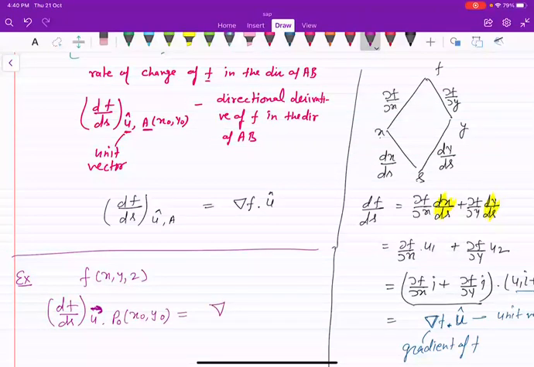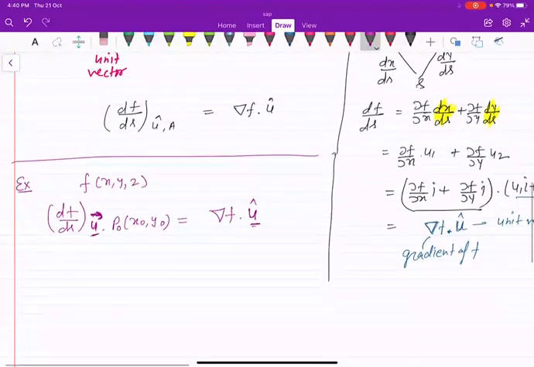Whenever we are writing this value, we write a unit vector here. So just keep in mind, there is a difference between this and this term. Okay, what does it mean? We are talking about a particular direction. Whenever we have to compute the directional derivative, we have to do a dot product with u hat.